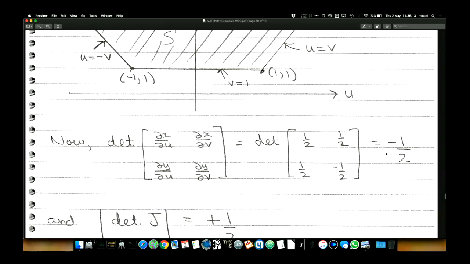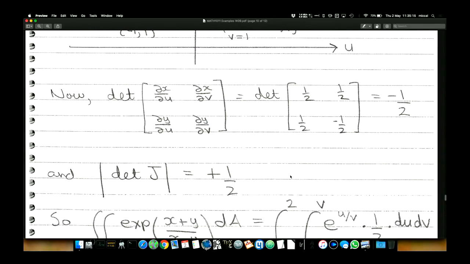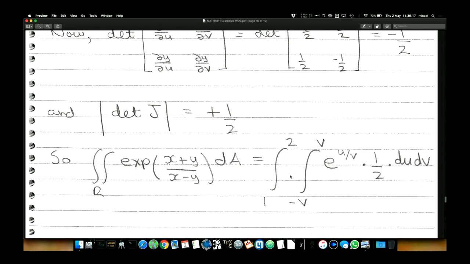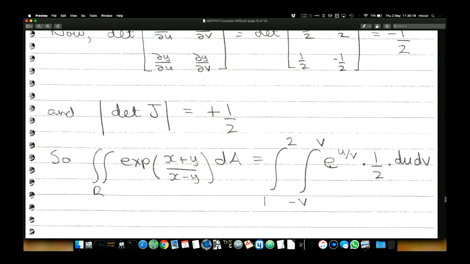This one turns out is negative, so you just drop the minus sign. So this becomes e to the u on v times a half times the u dv. And I can see that I can integrate with respect to u. There might still be an issue when I then try and do the v one, but fingers crossed that it works out. And of course, I've designed it so it does.